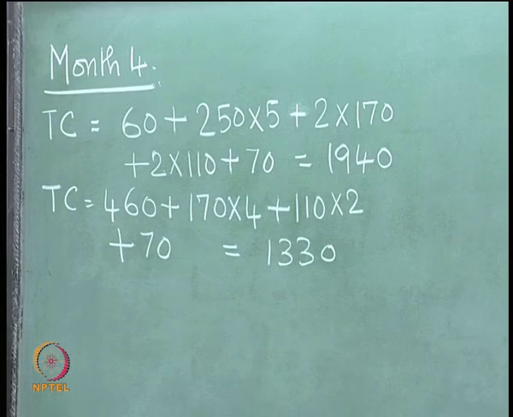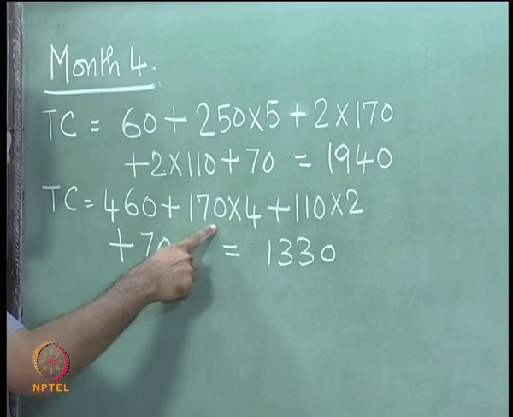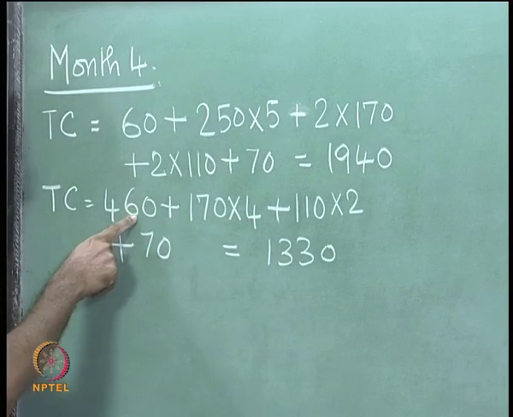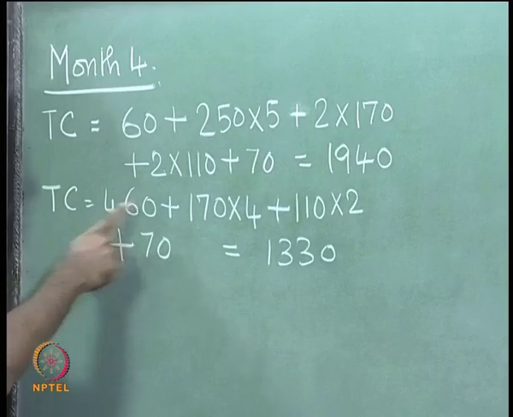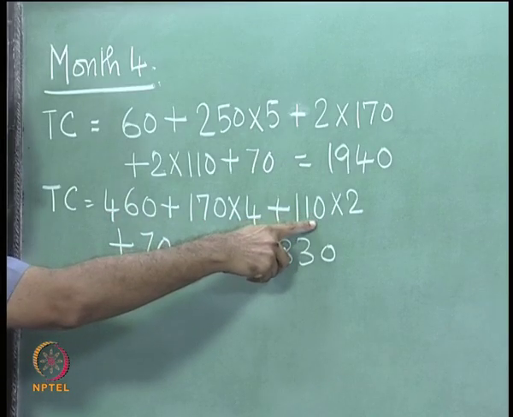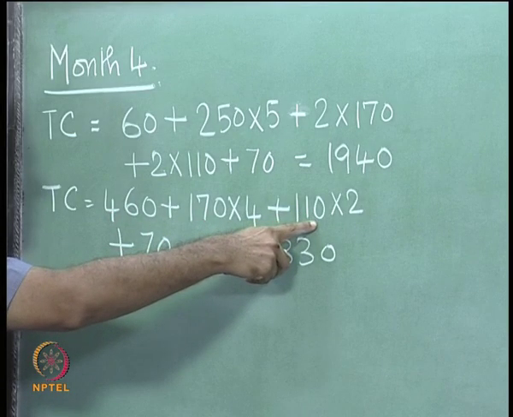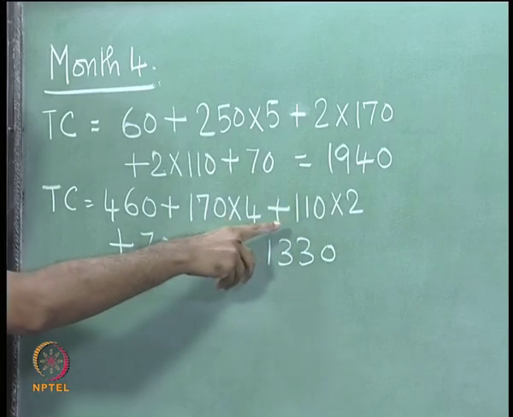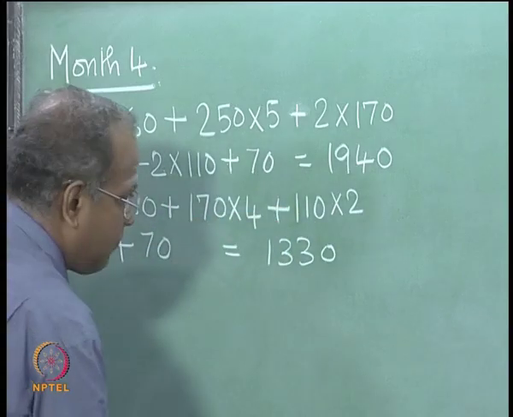Let me repeat, 170 into 4 is 680, 740, 1140, 1260, 1360, 1430.